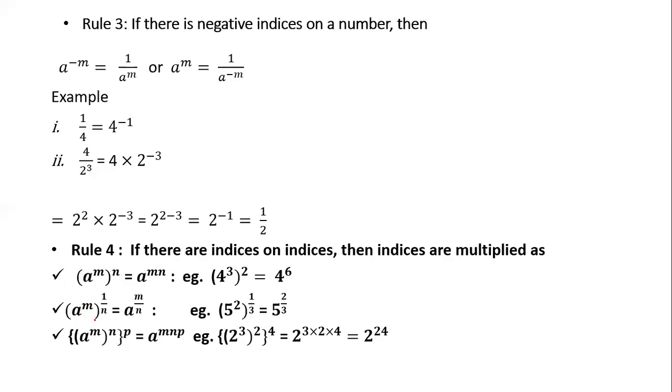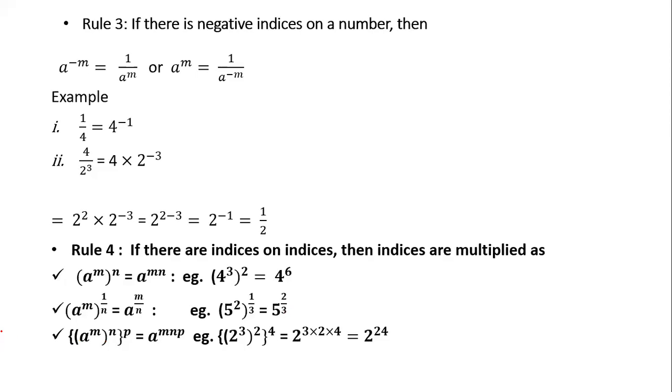A power m or power 1 over n: by multiplying m by 1 over n, it becomes a power m over n. So if you have, let's say, 5 power 2 or power 1 over 3, the powers will multiply by themselves, and that will give you 2 over 3. Hence, it becomes 5 raised to the power 2 over 3.